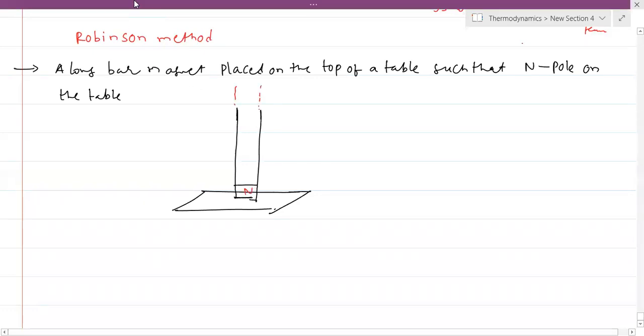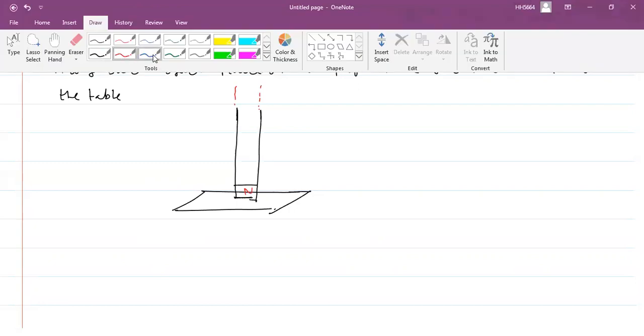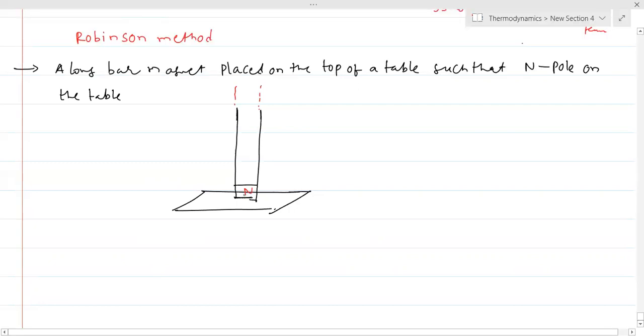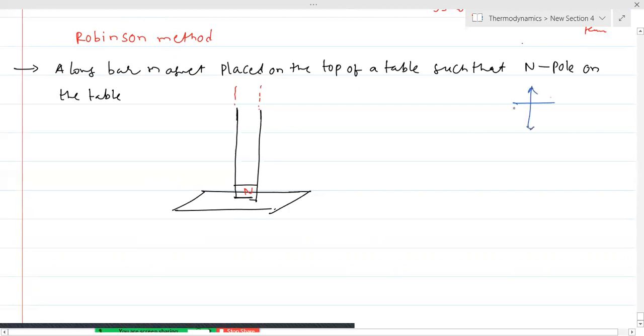So only because of this North Pole we have the magnetic field. And one more thing we need to remember is the earth's horizontal component of magnetic field. It is towards north. Towards north we are having the BH component. That is by default.